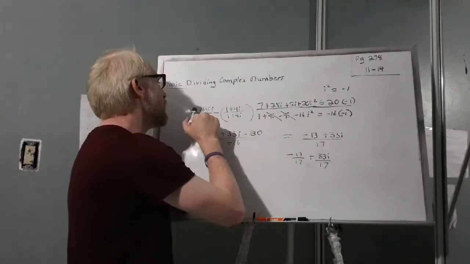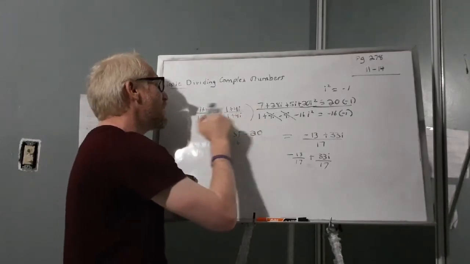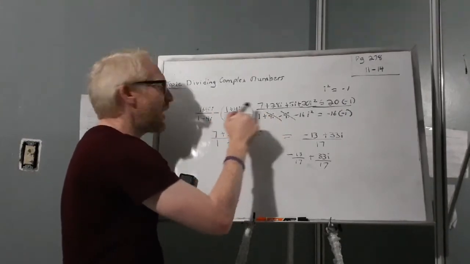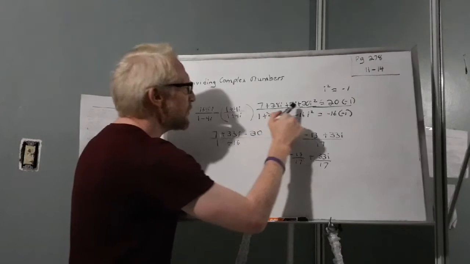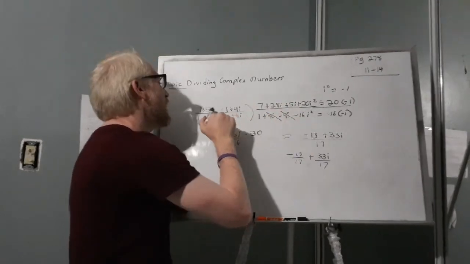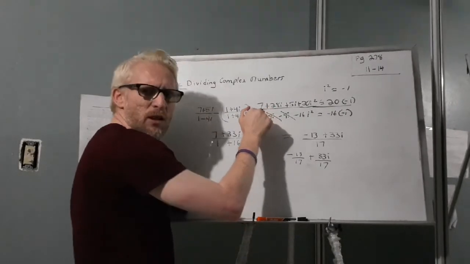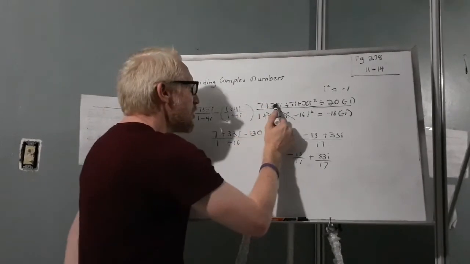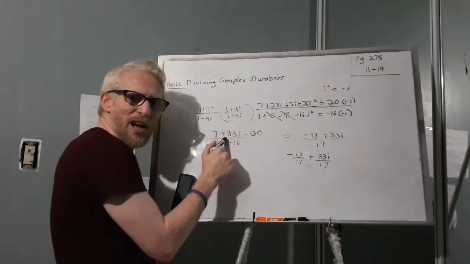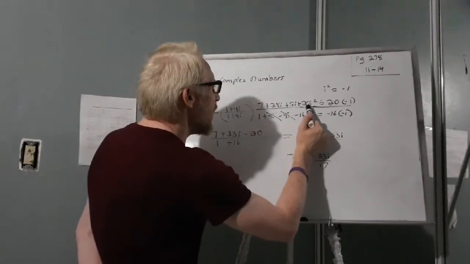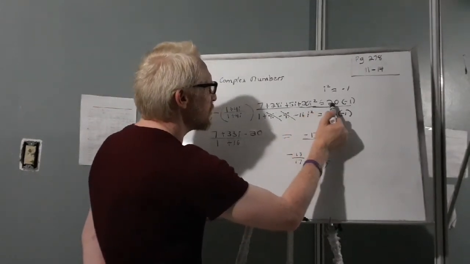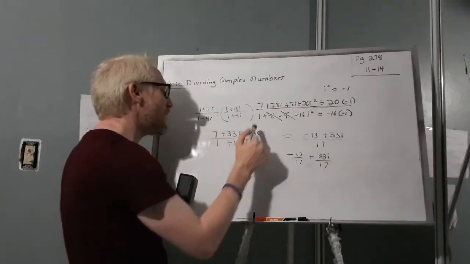I'm going to do the same thing with my numerator. 7 times 1 is 7. 7 times 4i is 28i. 5i times 1 is 5i. And 5i times 4i is 20i squared. I can't do anything with the 7, so I drag it down here. 28 plus 5 is 33i, which is where I get this from. Then you have 20i squared, which is the same thing as saying 20 times negative 1, which is negative 20.